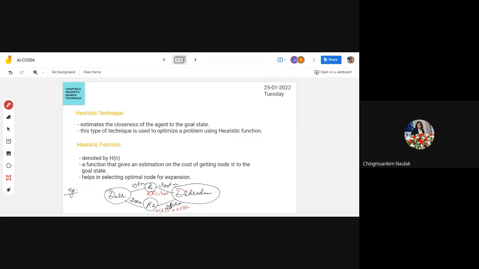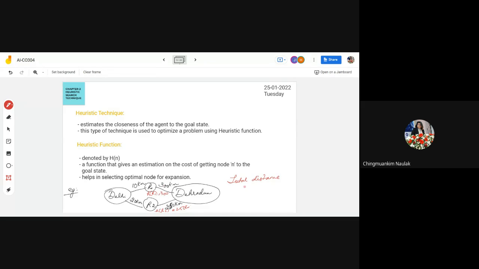Normally, without using a heuristic function, we would select the one with the minimum cost. But using a heuristic search technique, we consider the heuristic function along with the distance between the two possible routes.